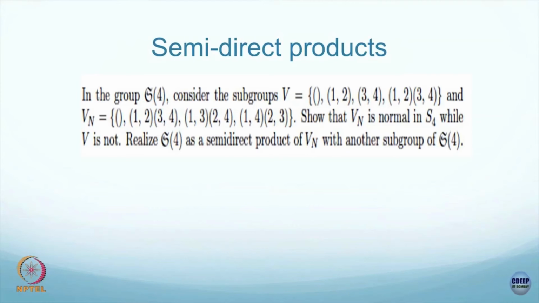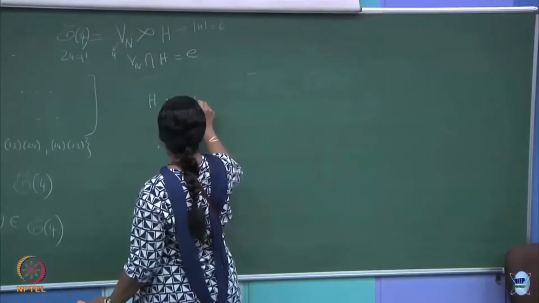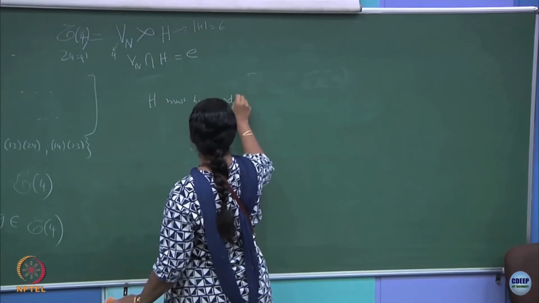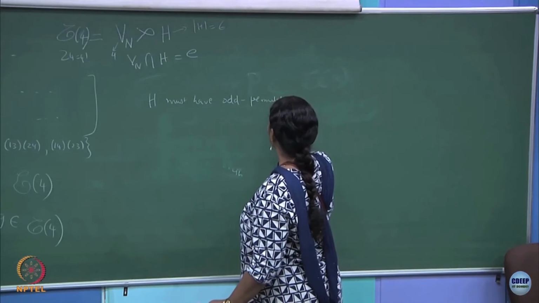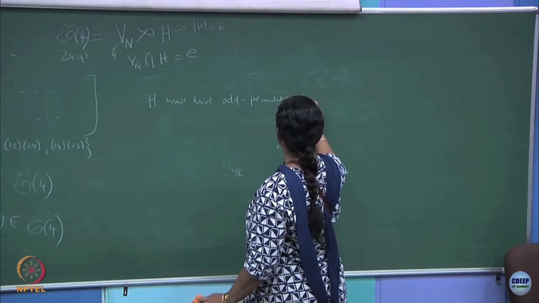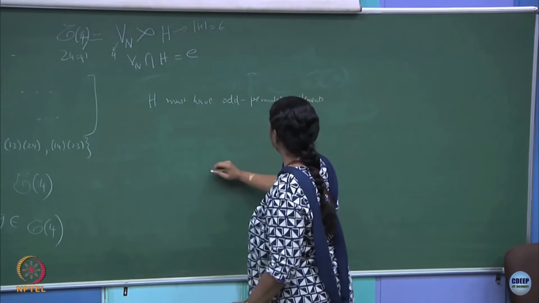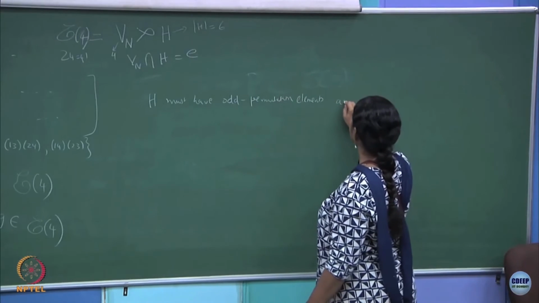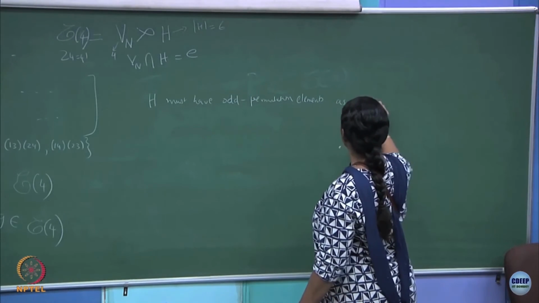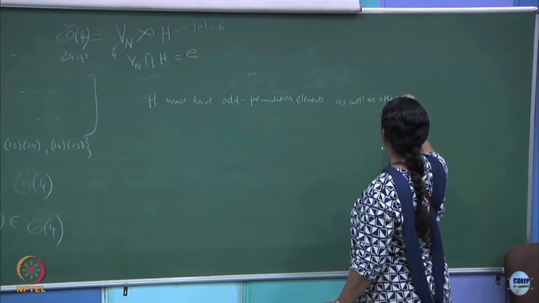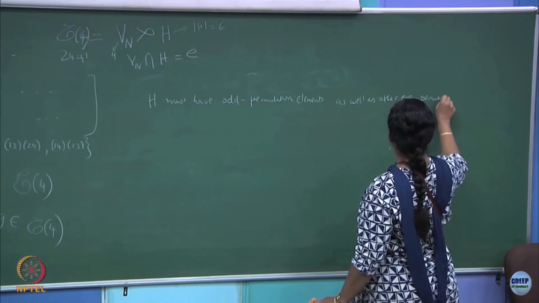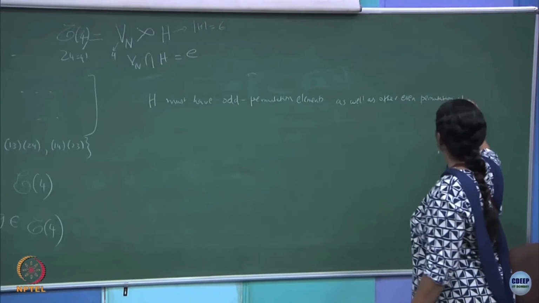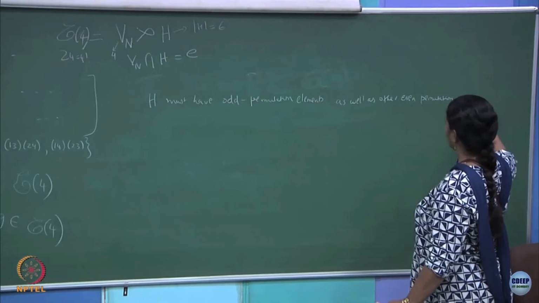So, these are the things we observe. Observations are: H must have odd permutation elements, as well as other even permutation elements. Okay.